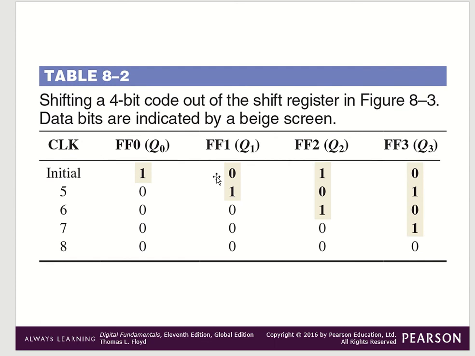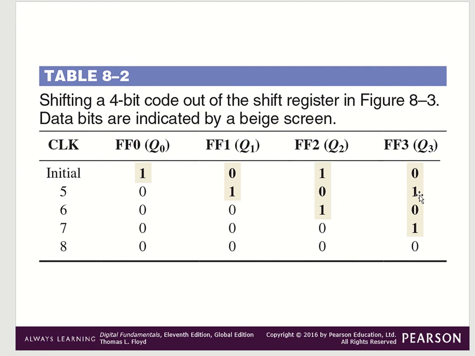Now how is it leaving? This table is showing how it is leaving. During the fifth clock pulse, what will happen is that this 0 will go out. See, this is the data 1010, so this 0 will be coming out, and then this 101 will appear here.